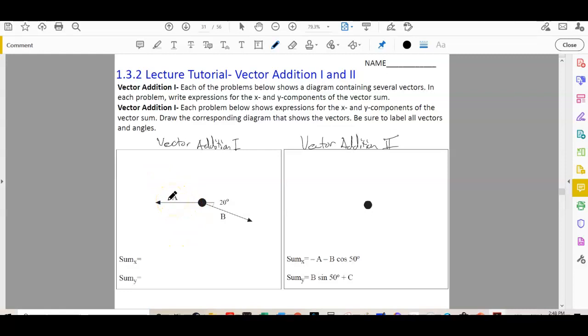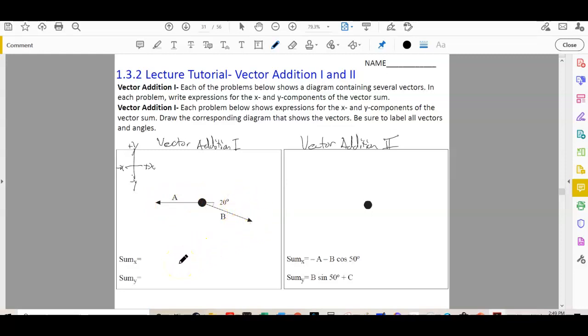We're going to assume that any vectors pointing to the right are positive X, any vectors pointing up are positive Y, any vectors pointing to the left are negative X, any vectors pointing down are negative Y. So this one has a vector A pointing to the left, and a B vector pointing down and to the right.